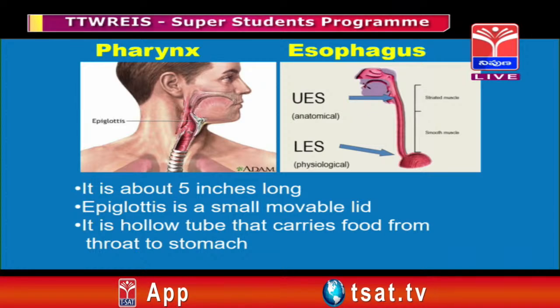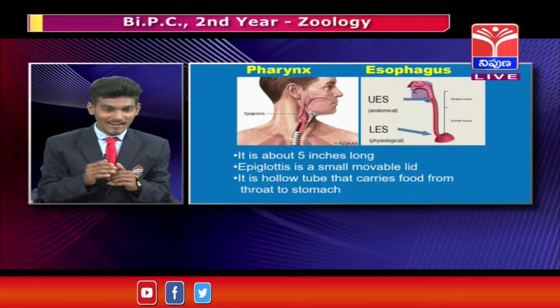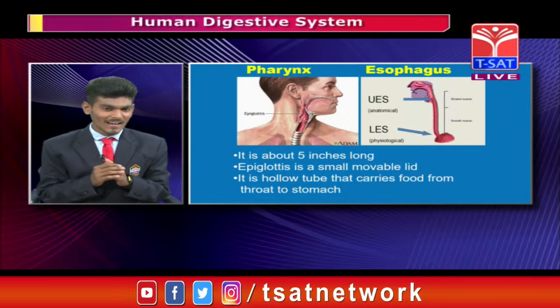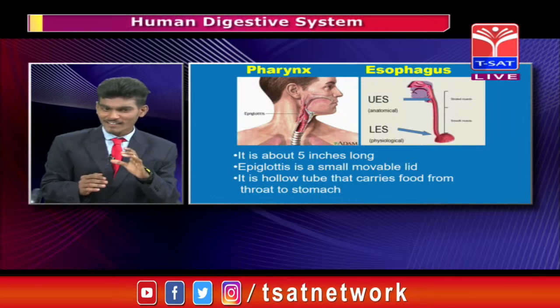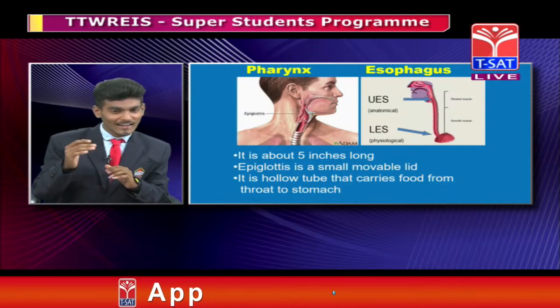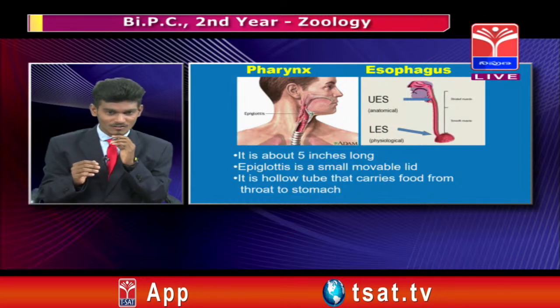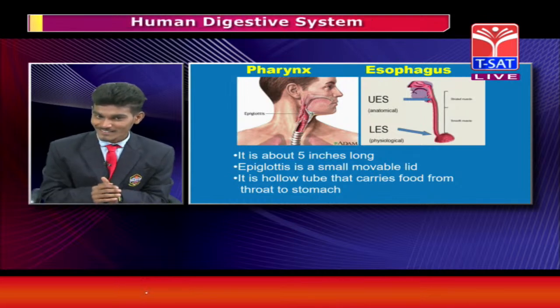Pharynx. The pharynx is a common passage for food and air, and the laryngopharynx, the trachea opens into the laryngopharynx through the epiglottis. What is the epiglottis?